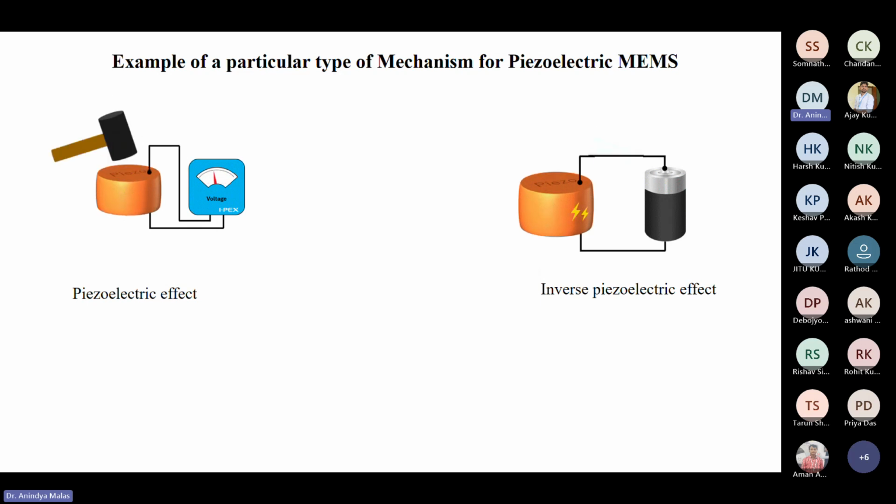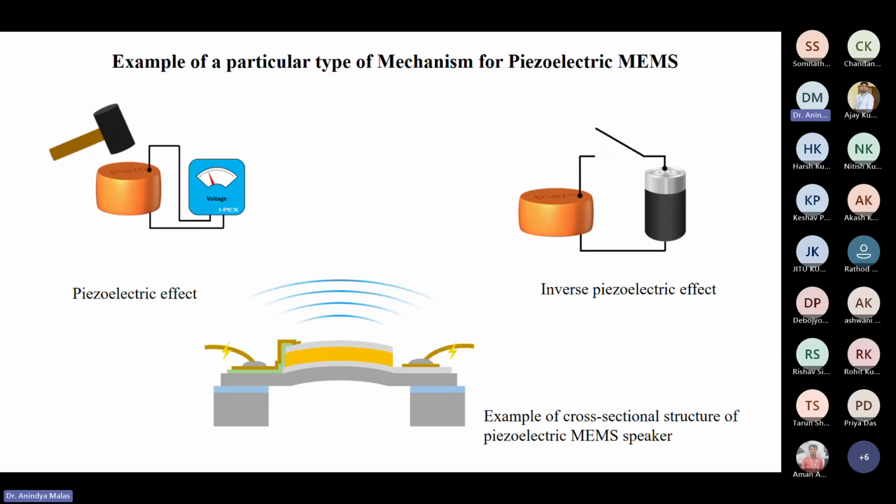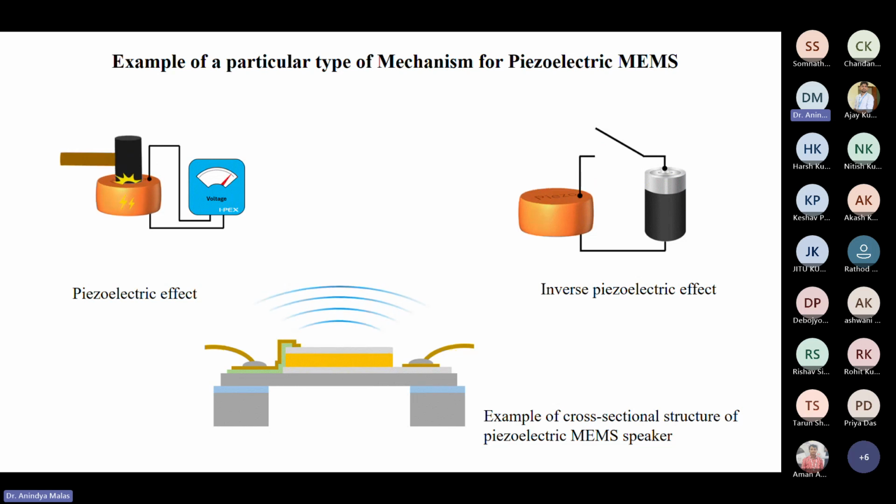And where it can be used, suppose one example you can see is the piezoelectric MEMS speaker. When you talk, you are producing some signal, and it strikes the surface of the microphone, and a piezoelectric material is placed on the surface of the microphone.